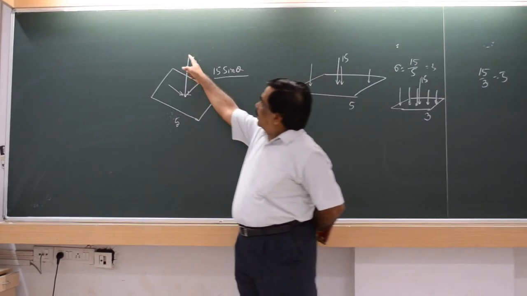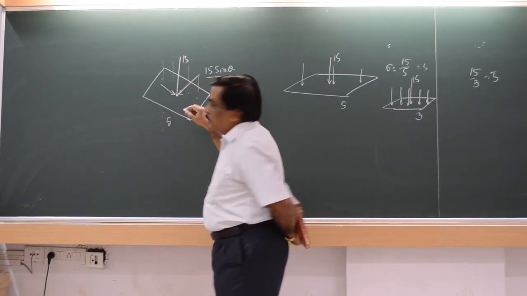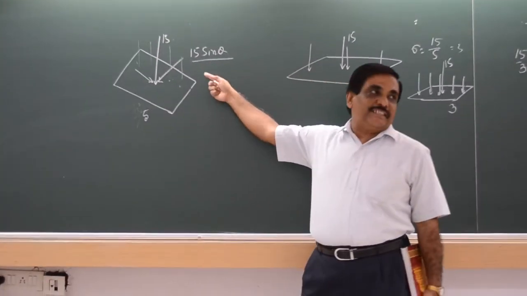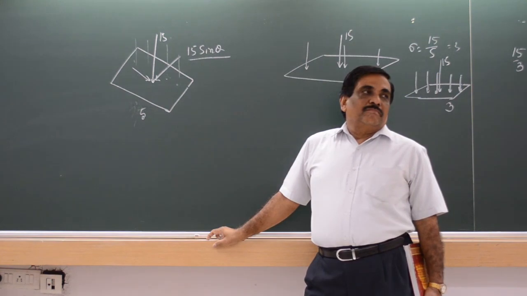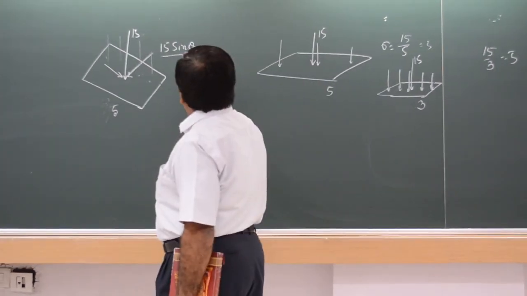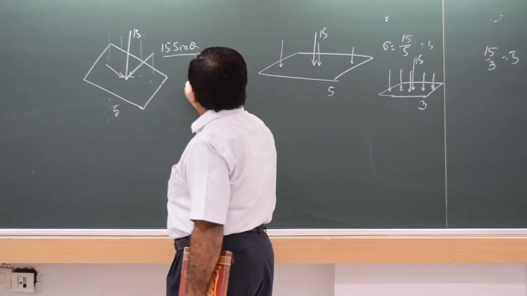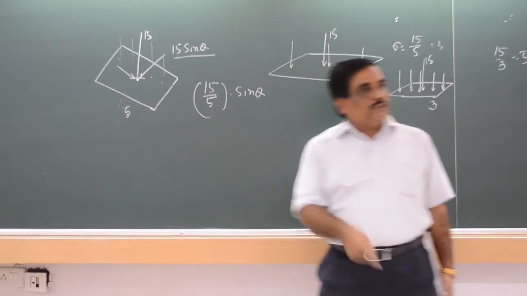The stress will be working like this, but who is creating the stress? This is creating stress, 15 sin theta. Understand? So what is that stress? 15 upon 5 into sin theta. That is how sin theta comes into the picture.